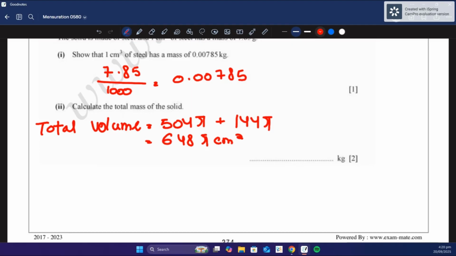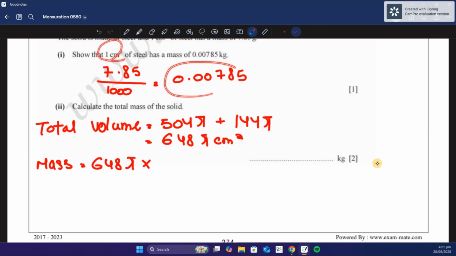We figured out the volume, but we need to figure out the mass of the solid. Okay, so how do you figure out the mass? So mass is equal to 648 pi, and the mass per centimeter cubed is 0.00785.